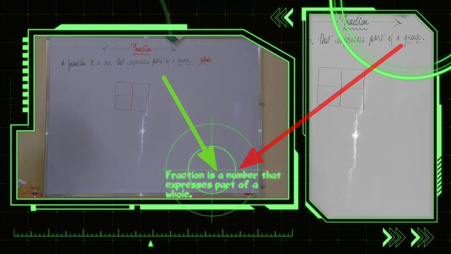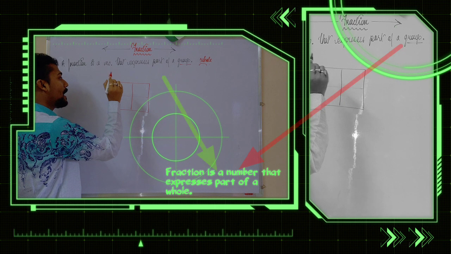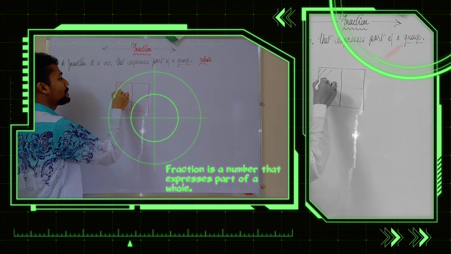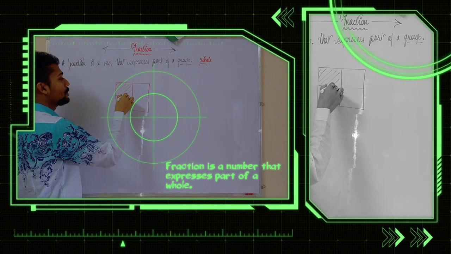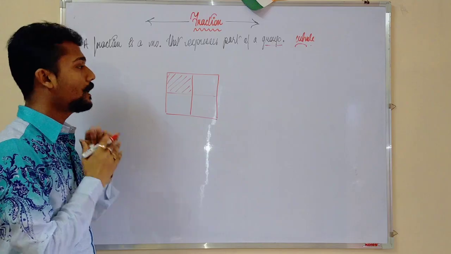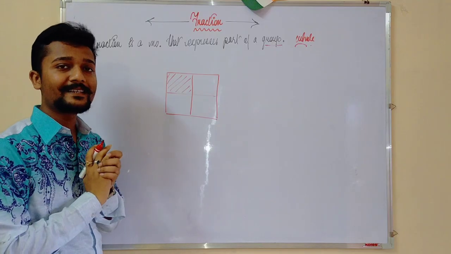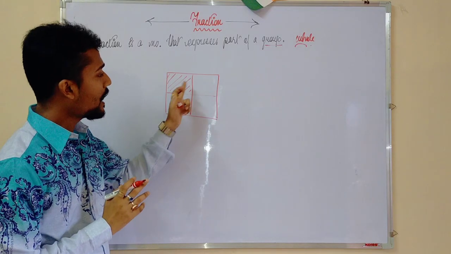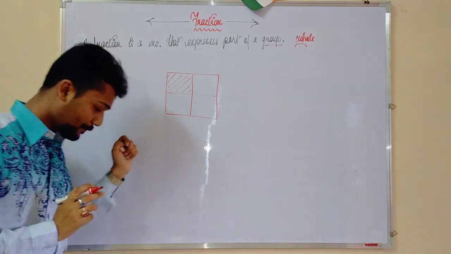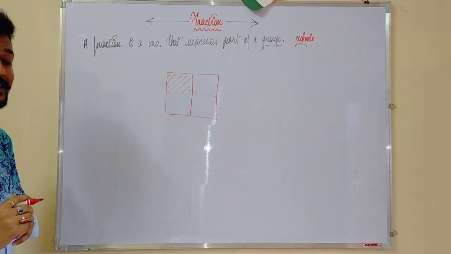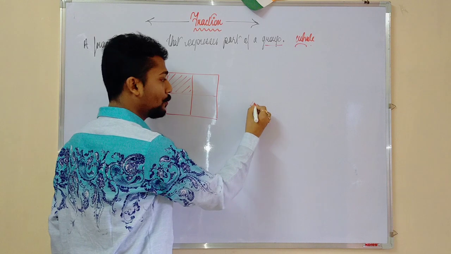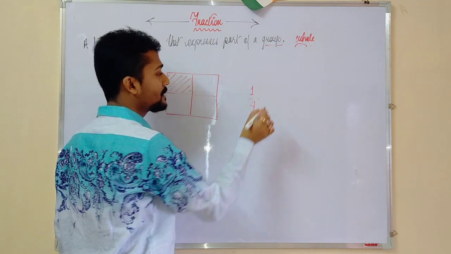I ask you to color one of the parts. Now, what part of the paper is colored? 1 out of the 4, is it not? 1 out of the 4 parts is colored. That means out of 4, 1 part is colored.